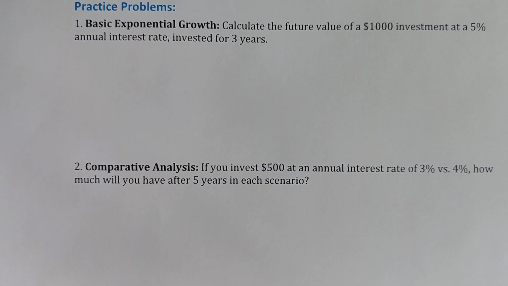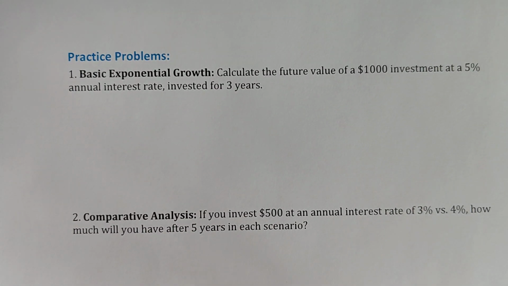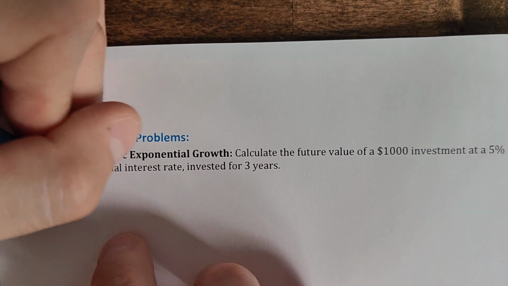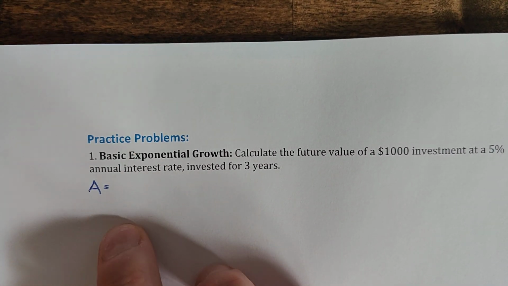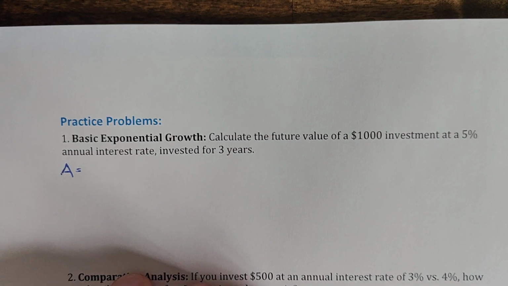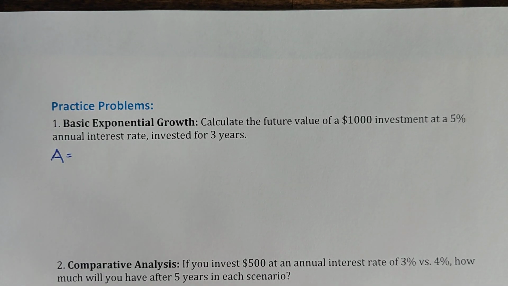So let's look at some practice problems. We'll go through them fairly quickly. In each case, we want to list our values that we know and need to find. So we're looking at the basic exponential growth of just $1,000. We want the future value of that, or the A value, the final amount, invested at 5% annual for 3 years.